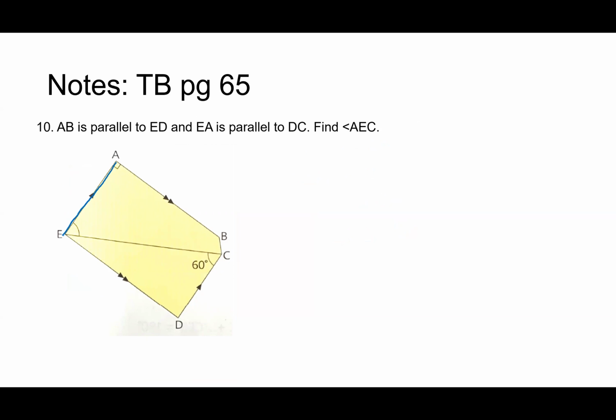We know that these lines are parallel, and you guys can see that too. These marks right here mean that this line is parallel to this line, and this line is parallel to that line. So good job with the Z rule. There it is right there. Since this is 60 degrees, alternate interior angles, that is 60 degrees. That's a no-math problem.